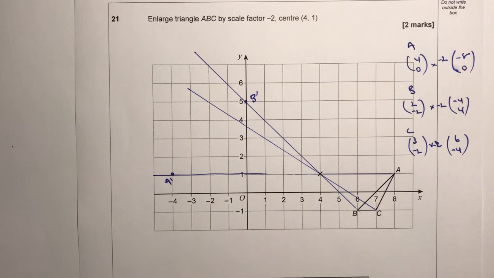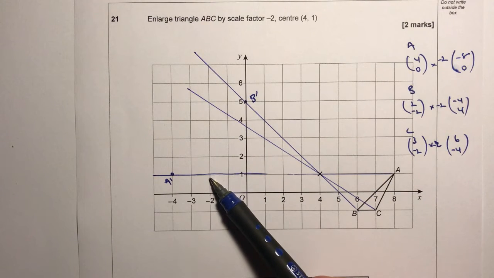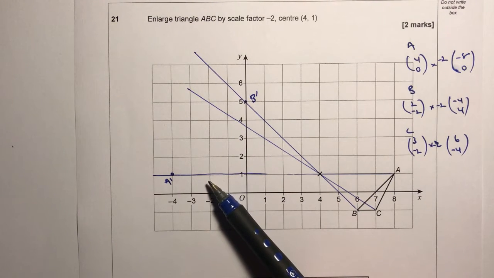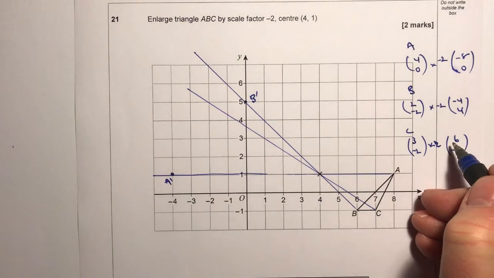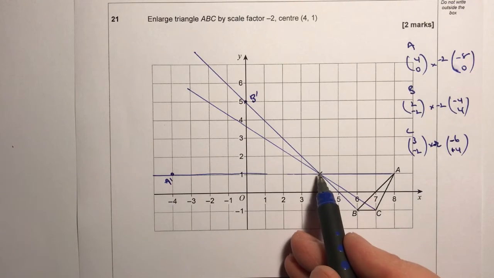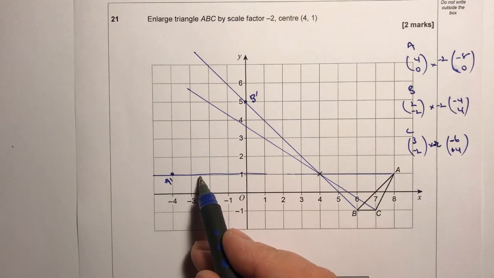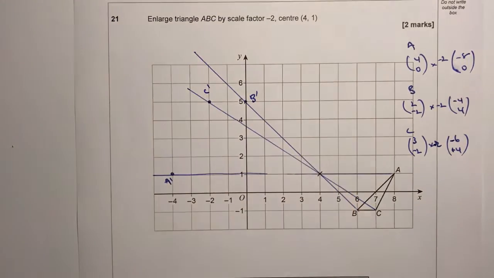Sorry, beg your pardon, that's going to be -6, and that's going to be +4. So it's going to go to there, which is C prime.